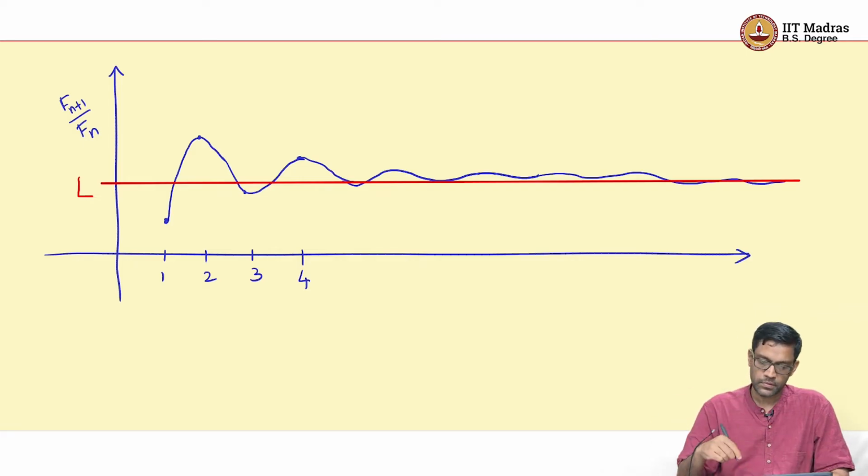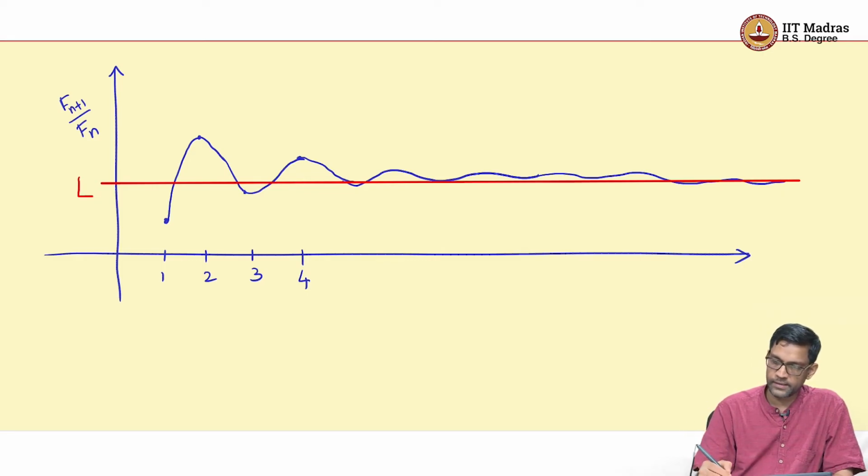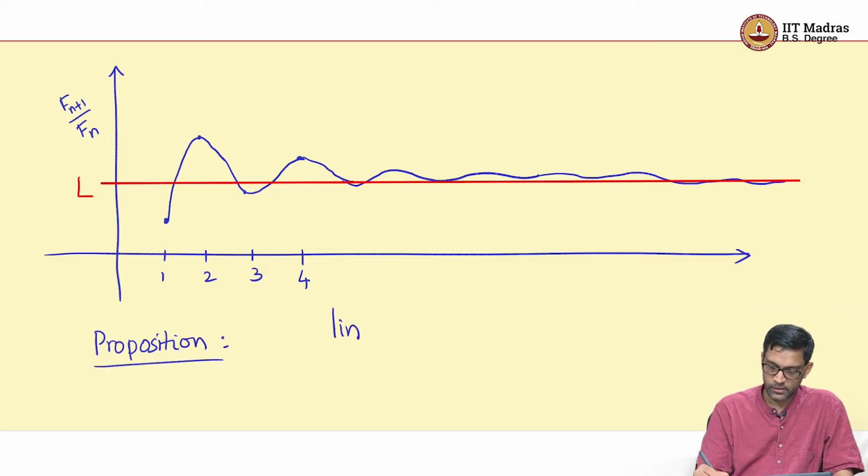Of course, at this point this is just something we are observing by looking at the graph itself. It is not really a proof, but what we are claiming is the statement that the limit as n goes to infinity of f(n+1) over f(n) exists.